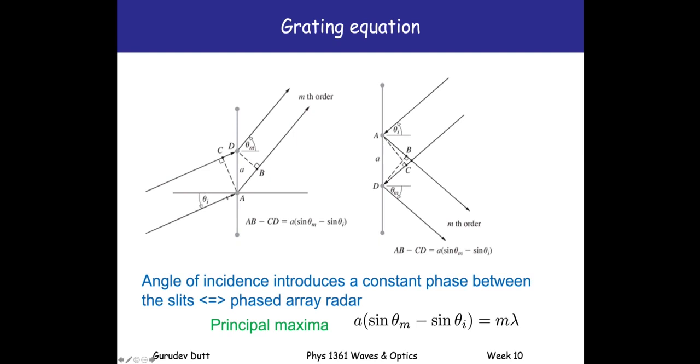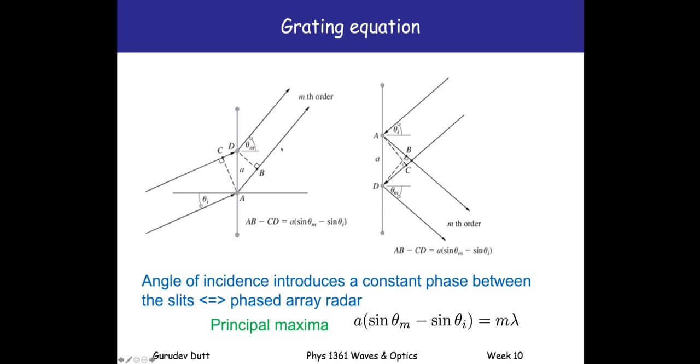That means there can be an extra phase difference or path length difference, which is given here by CD. So for the two oscillators, at any angle theta m, the mth order maximum, the normal path difference between two of these is a sine theta m. But then we have to subtract the fact that this oscillator is leading this oscillator by a sine theta I.